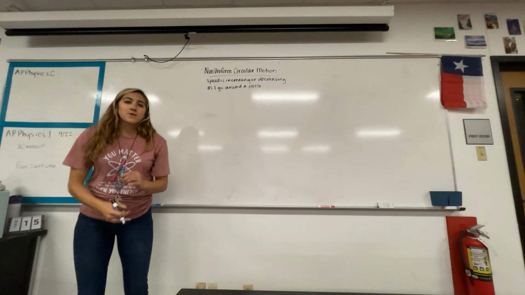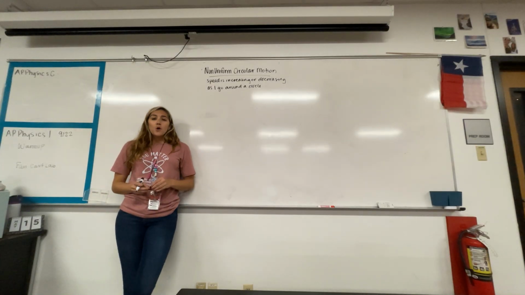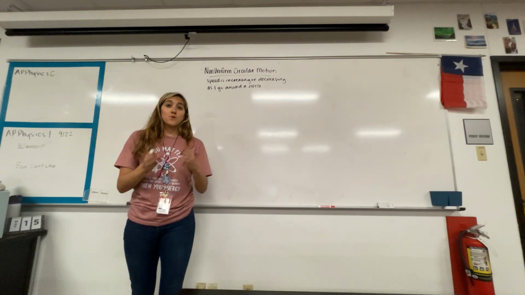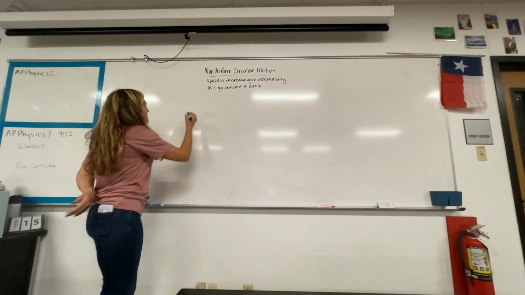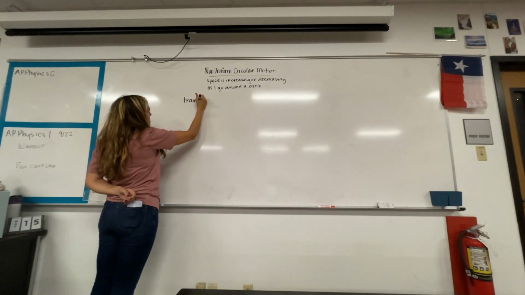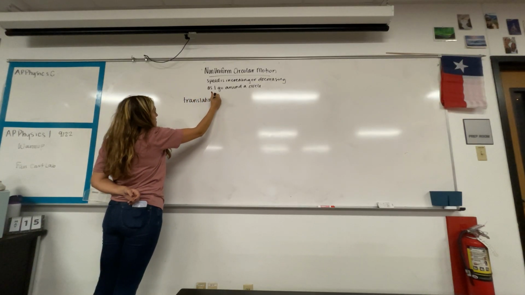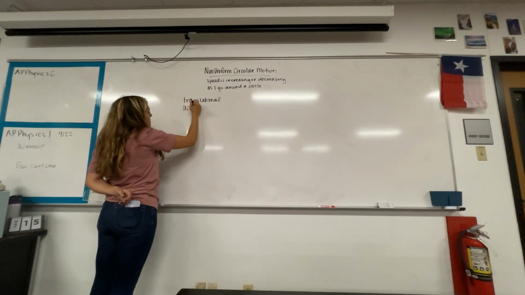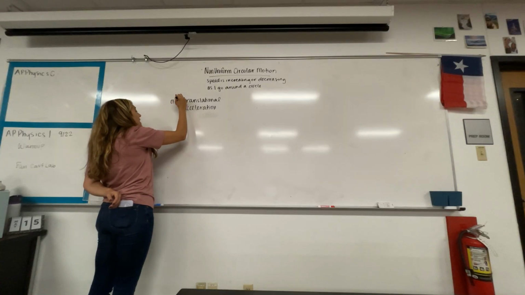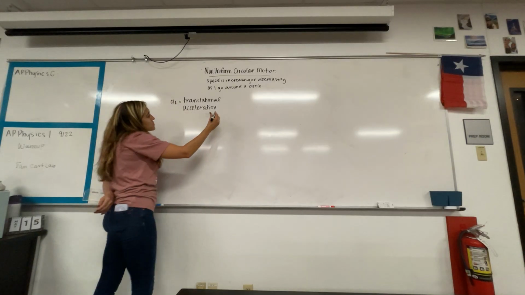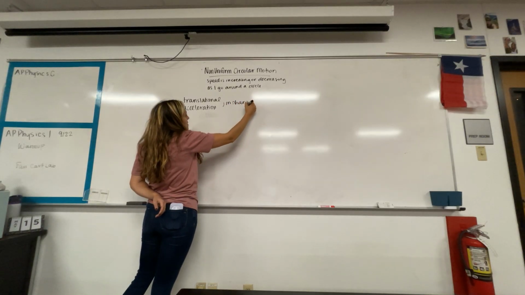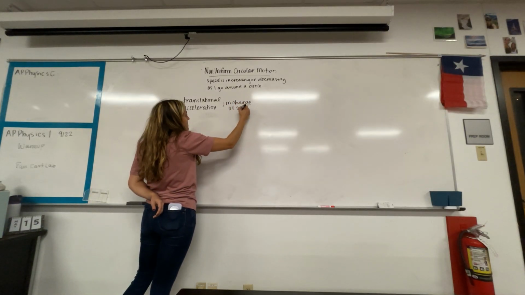So as a reminder, when we started talking about circular motion, we learned that there are really two types of acceleration. There's the part that controls speed. We call that one translational acceleration, and we said that's called AT, and it's in charge of speed.